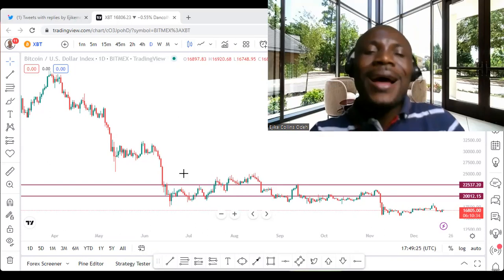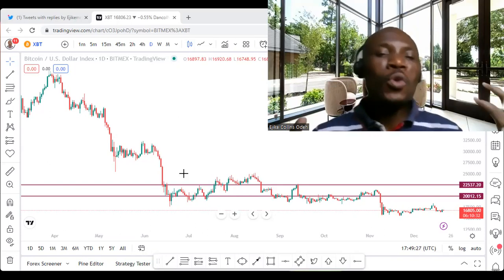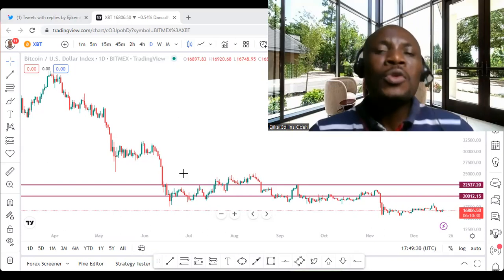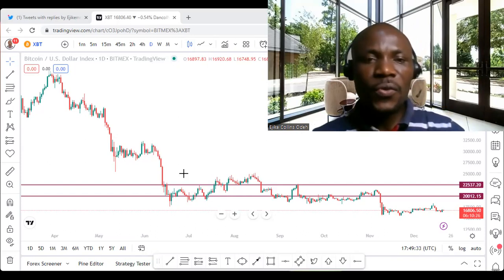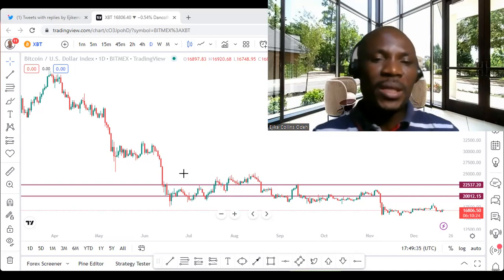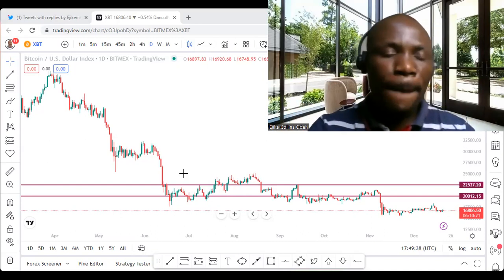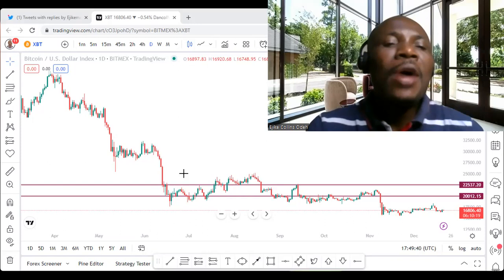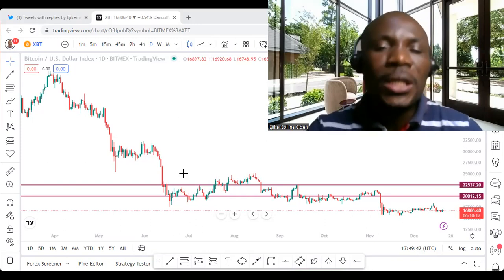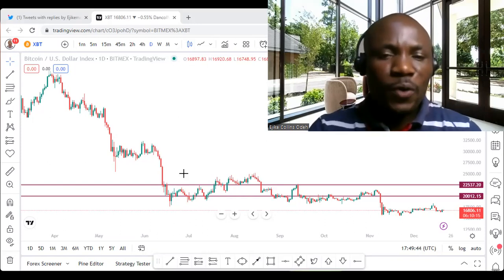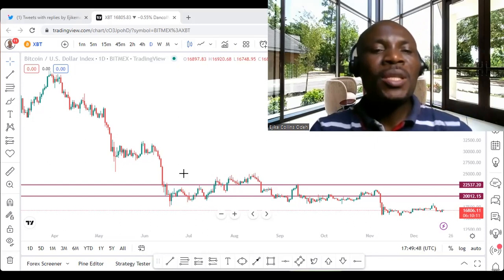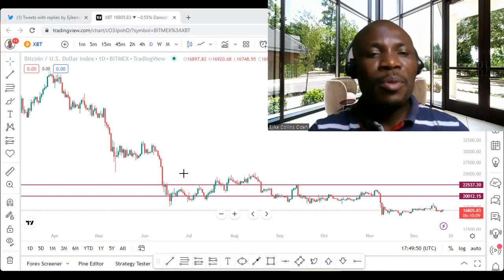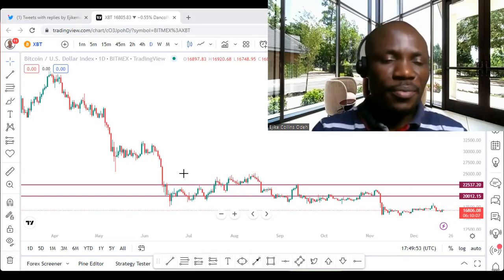But how will you know when any of these four types of market movements is taking place?